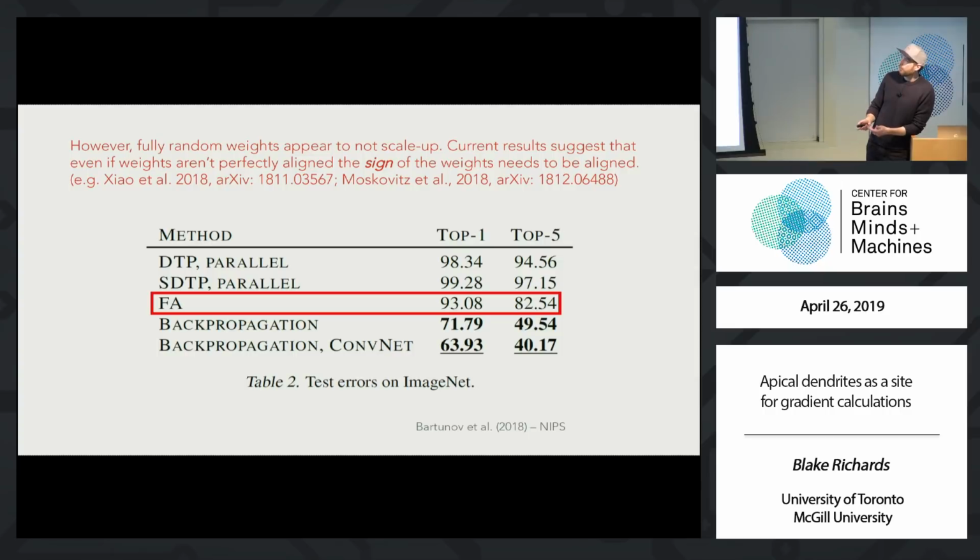So this feedback alignment effect seems to not really solve it altogether. But a few papers have come out recently showing that even if the weights aren't perfectly symmetric, you can do fairly well if the signs of the weights are aligned. So really all you need is a system that learns to approximate the sign of the weights, and if you can do that, you should be good in your gradient estimates.